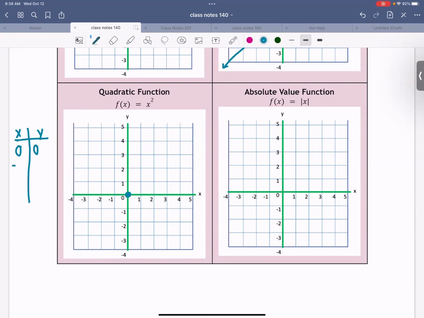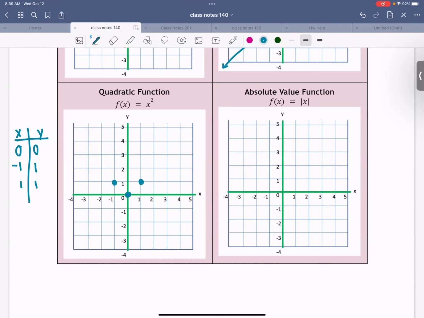When X is -1, what's Y? 1, right? Because -1 squared is +1. So we've got this point on the graph, okay? And then when X is 1, 1 squared is 1, okay? When I draw the quadratic function, these are the 3 points I definitely want to see on the graph, okay?